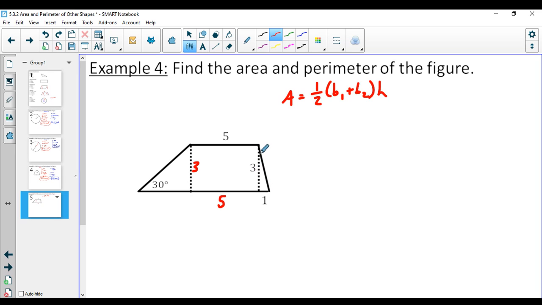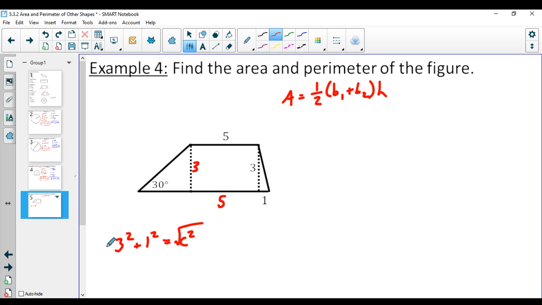I can find this length right here with the Pythagorean theorem, right? The two legs are 3 and 1, so 3 squared plus 1 squared equals c squared, c being the hypotenuse of this right triangle.